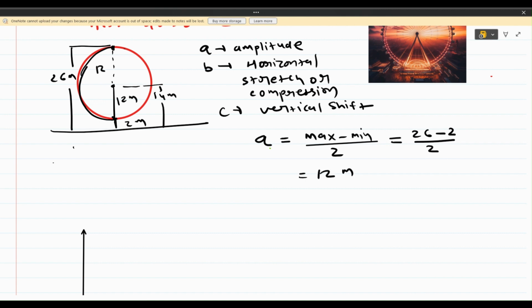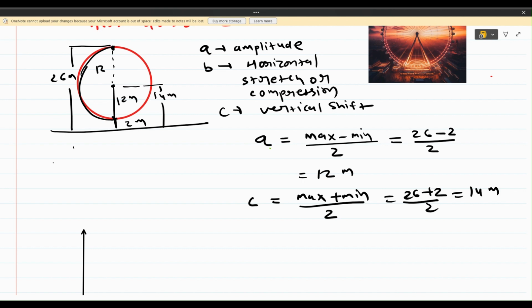So 12 meters is the amplitude. And to get the vertical shift C, where the equilibrium line lies, C will be the maximum height plus the minimum over 2. So that will be 26 plus 2 over 2, which is 14 meters. So the vertical shift is 14.